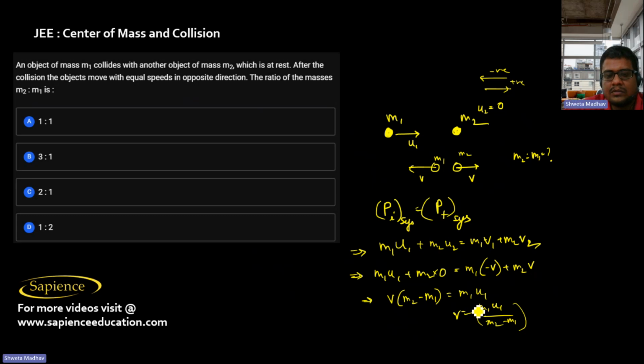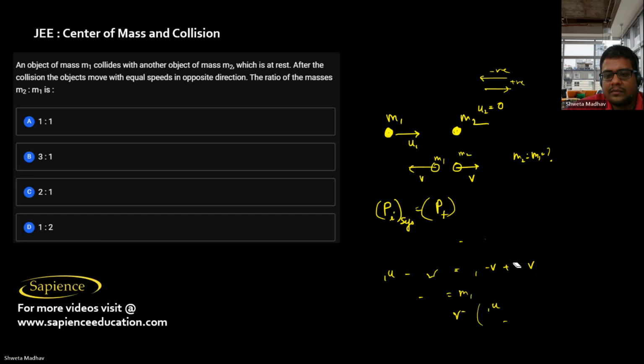They're moving in opposite directions. Okay. So it is not a head-on collision. This is wrong actually. It can't be a head-on collision. The collision can happen at some angle also.